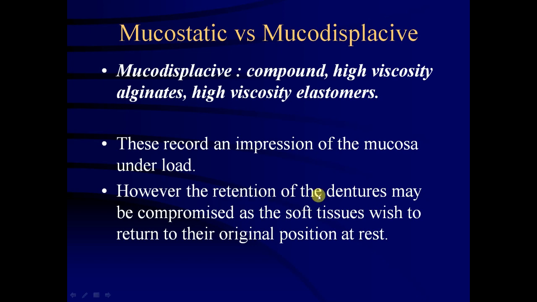However, the retention of the dentures may be compromised as the soft tissues wish to return to their original position at rest. So the examples of mucodisplacive impression material are high viscosity alginates and high viscosity elastomers.